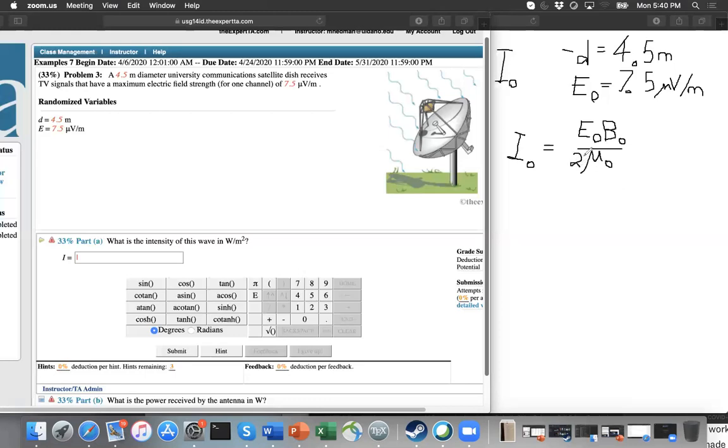Okay, let's look at this. Is this okay? Well, we want I naught. This expression's already for I naught. That's good. We know what E naught is. It's written right here. We know what mu naught is. Mu naught is, again, this fundamental constant.